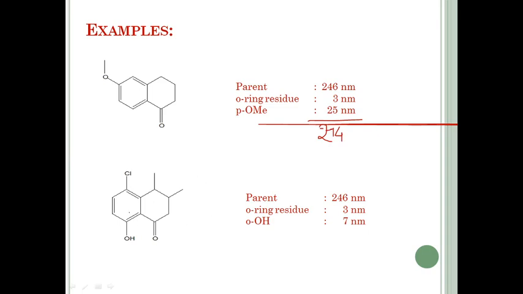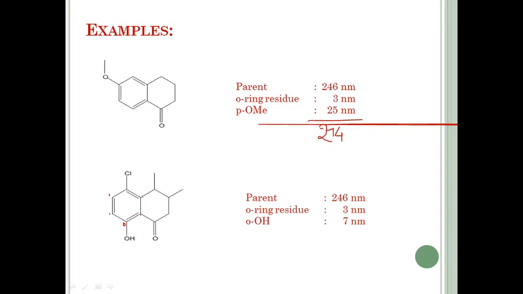Now come to this system. This is also an aromatic ketone system, so the parent value is 246 nanometer. For this one, this is ortho, this is meta, and this is para.